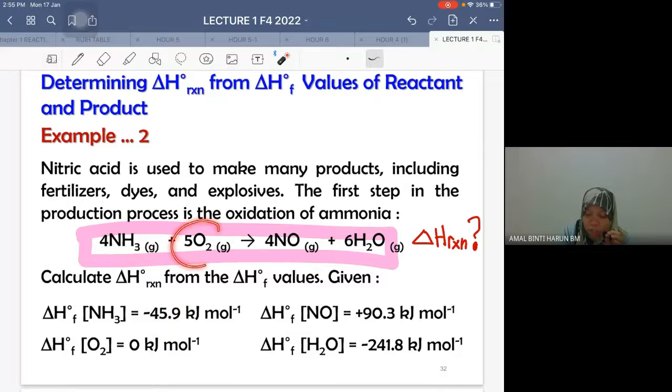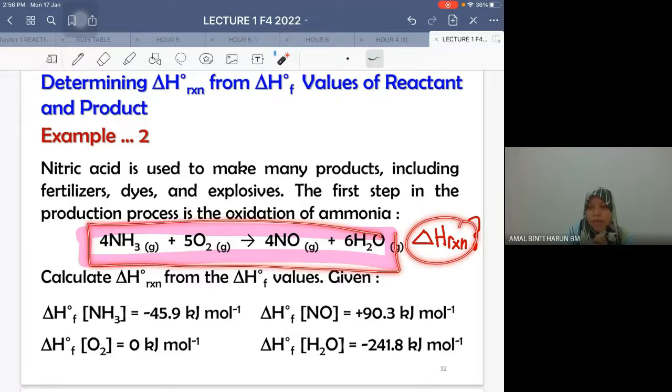And then oxygen. Is oxygen given? Oh, we already know the formation of oxygen. Oxygen is found as O2, what we breathe is O2, not O atom. So 0. And then NO, for 1 mole of NO formed is 90.3. For 1 mole of water, negative 241.8.